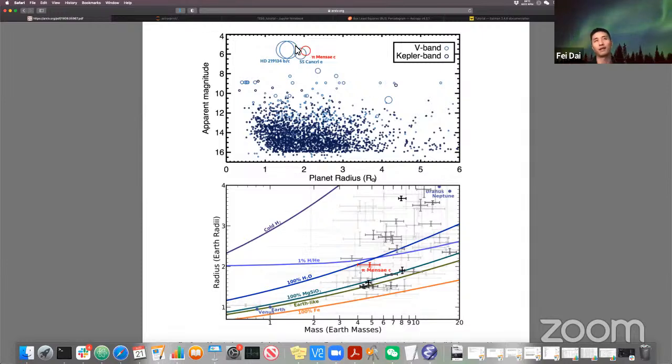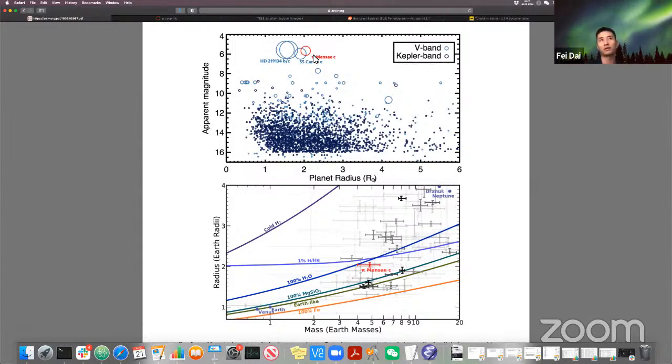And the symbol size, I think, represents how favorable that planet is with regard to transmission spectroscopy. So yesterday we mentioned transmission spectroscopy will allow us to quantify the atmospheric composition as well as the thermal pressure relationship of that atmosphere.